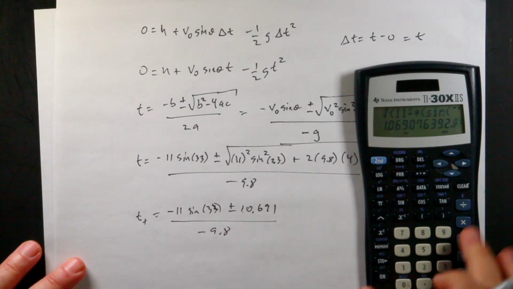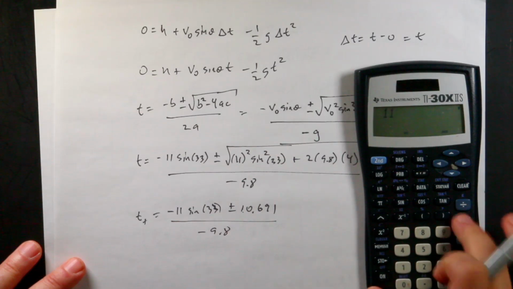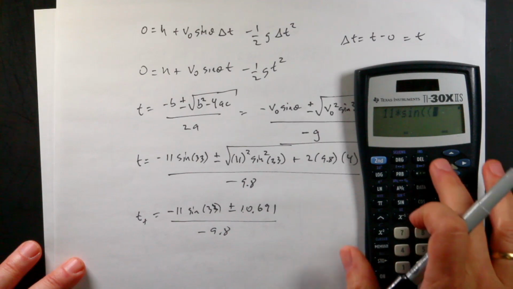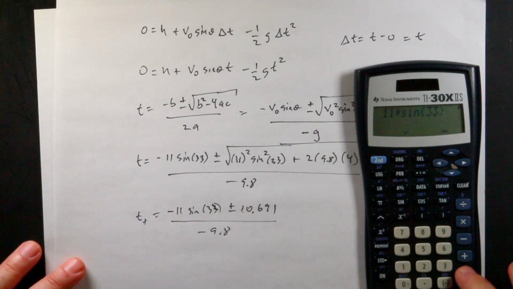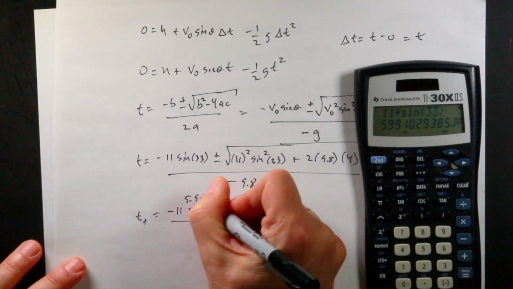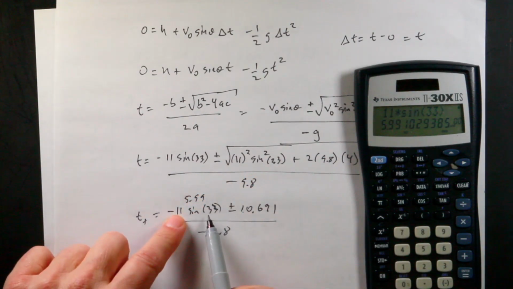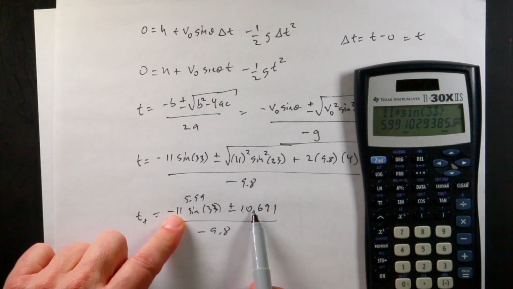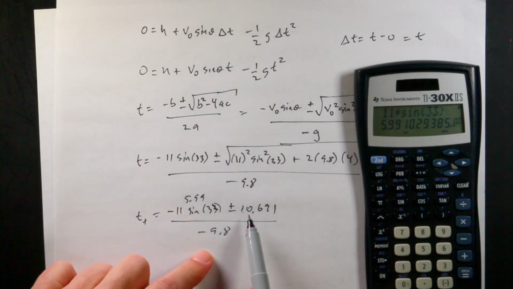Okay, let me get that number. Clear. 11 times sine of 33. And this is 5.99. So you see right here that if I include this as a negative and I add it to this, then I'm going to get a positive number. But then I'm going to divide by a negative number.